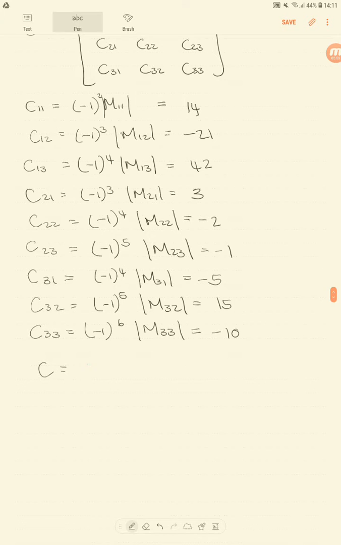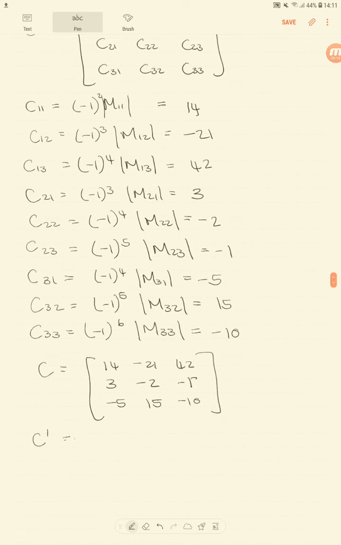So our cofactor matrix is equal to 14, minus 21, 42, 3, minus 2, minus 1, minus 5, 15, minus 10.